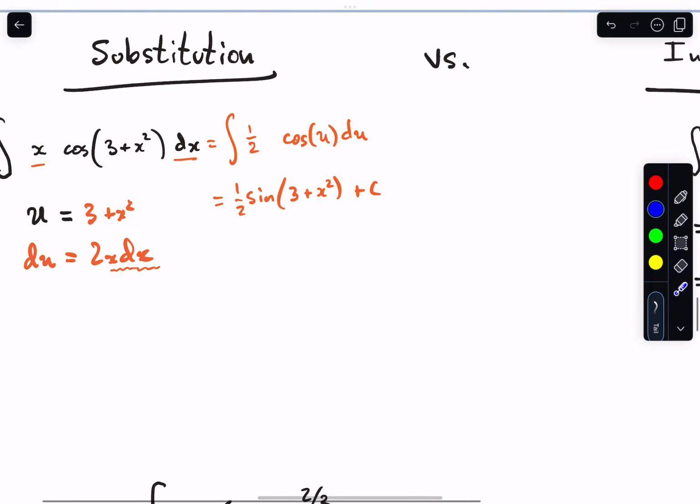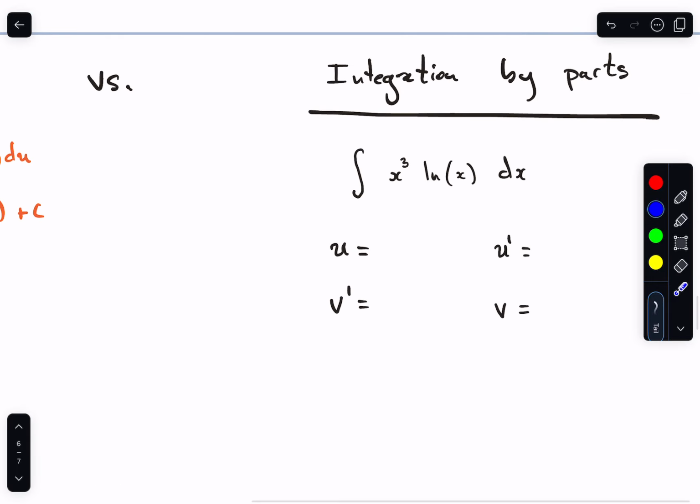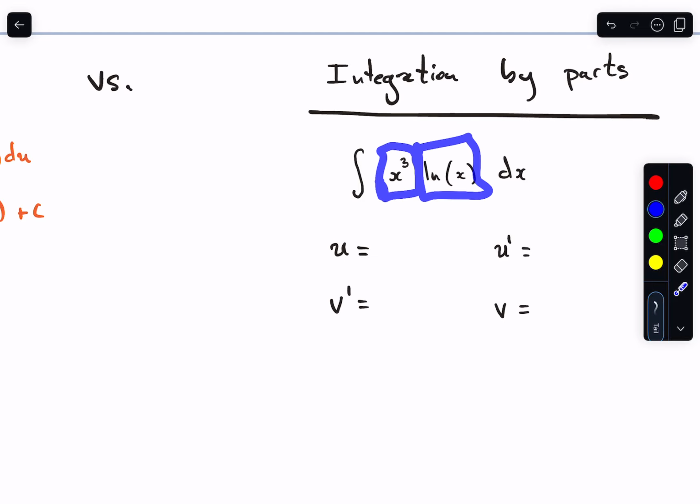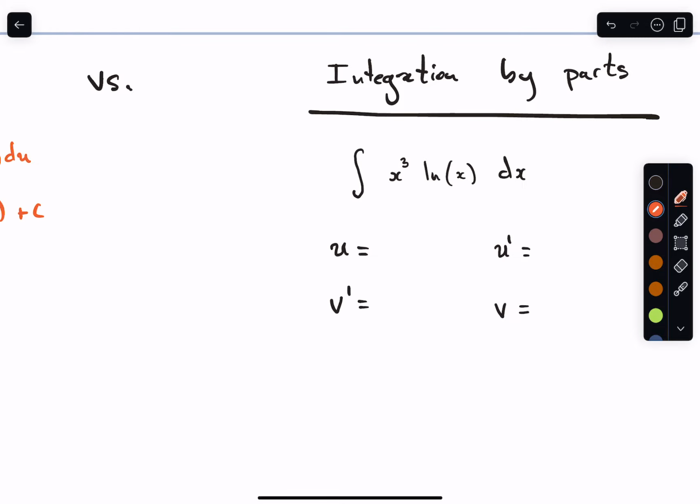On the other hand, we have integration by parts, which is useful for problems like this. Always has to be two things multiplied together. We name one of those things u, and the other we name v prime. And in this case, I'm going to say u should be the natural log of x, because when we differentiate that, it's going to become simpler.